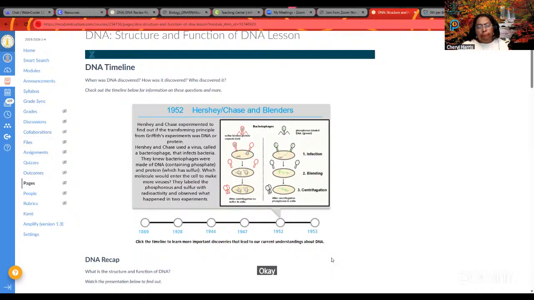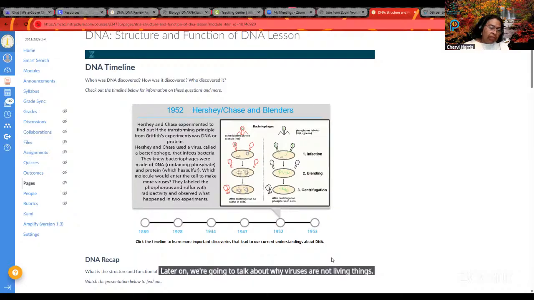Okay. So in other words, what's on the outside coat, the sulfur, did not infect the cell. It was the DNA that infected the cells. Later on, we're going to talk about why viruses are not living things. While they have DNA, they have to be in a cell in order to be functional.